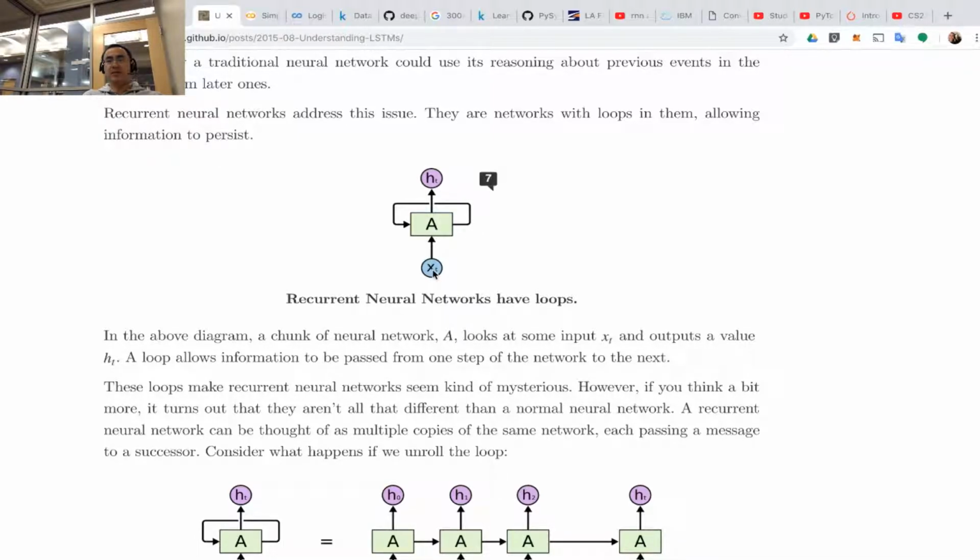If you put in input at time t, the output is at time t. But at the same time, it also spits out another output. I'm not sure, I think it's different, but that output loops back as feedback.